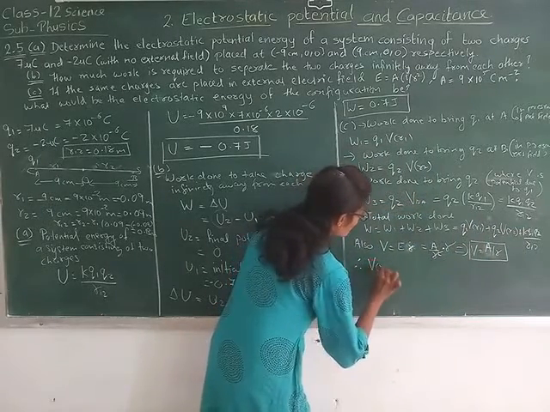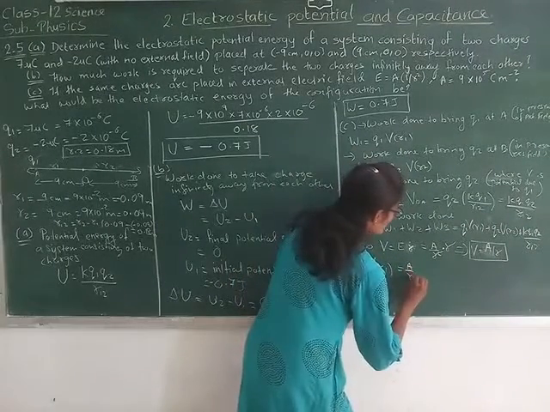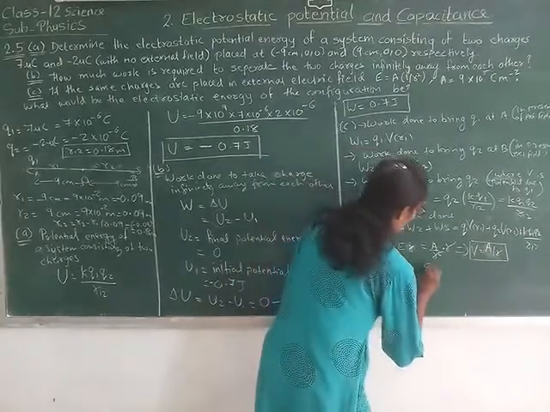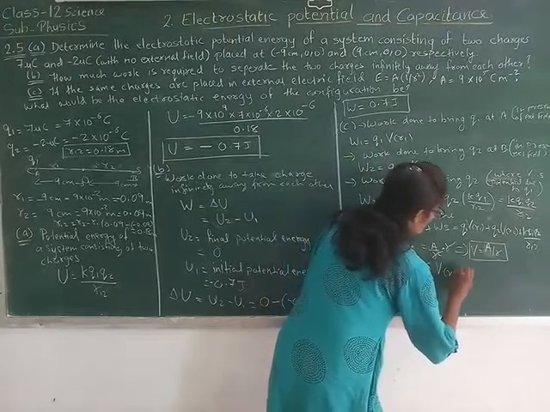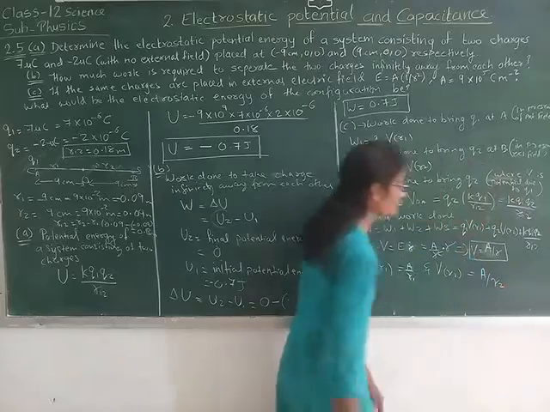Now see, here we have this first equation VR1. Therefore VR1 will be A upon R1, and VR2 is A upon R2.